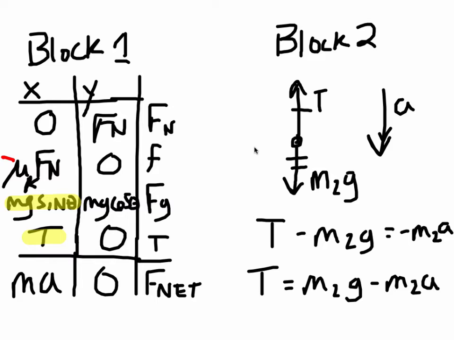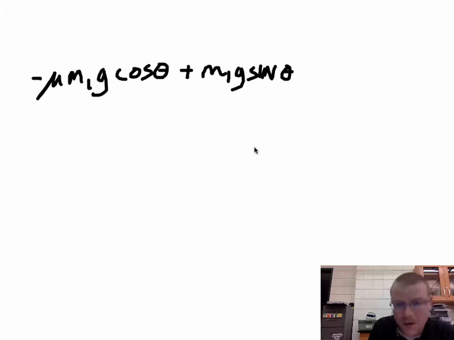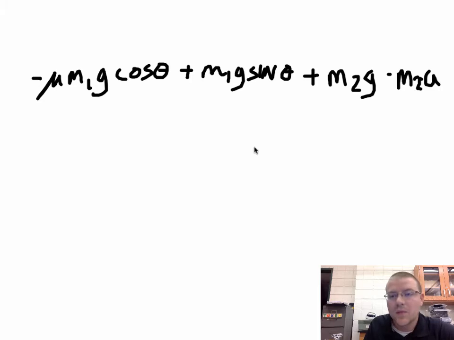Rearranging everything and putting our tension into our x direction, since we want to solve for the acceleration of this block, what we get is minus the force of friction, plus the m1g sine theta of block 1 pushing down the hill, plus the tension, which is m2g minus m2a, and all that's going to make mass 1 accelerate.